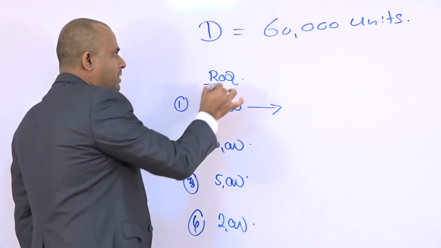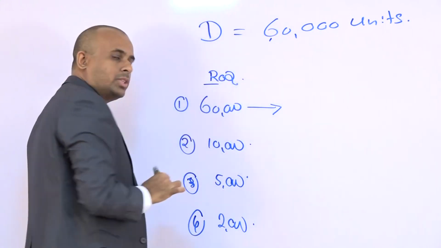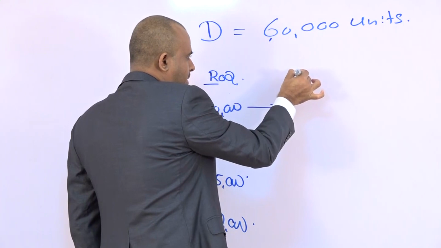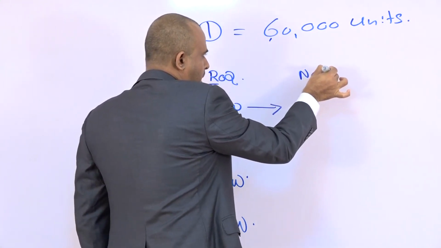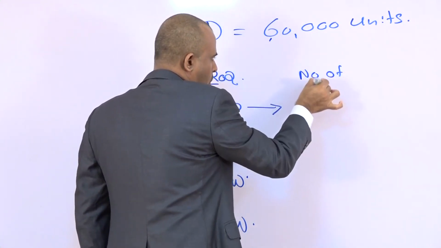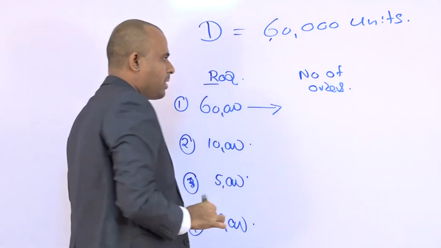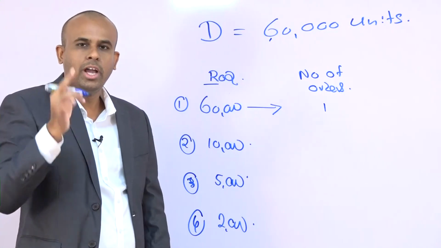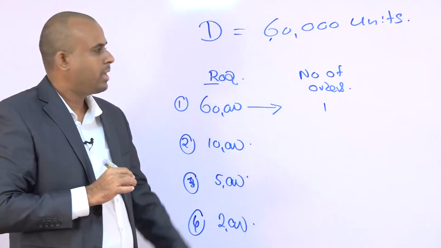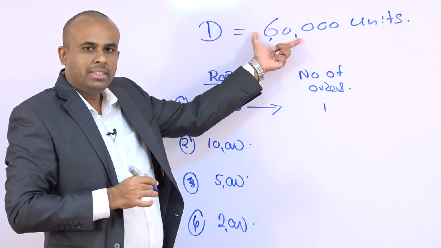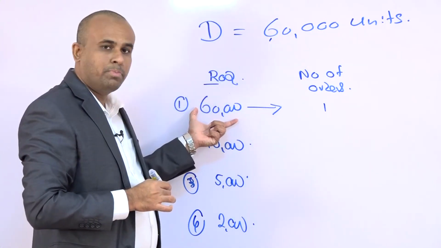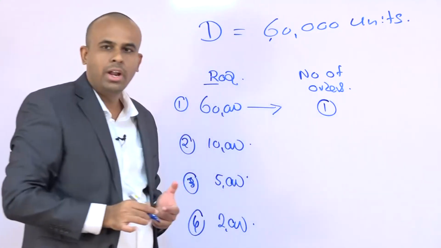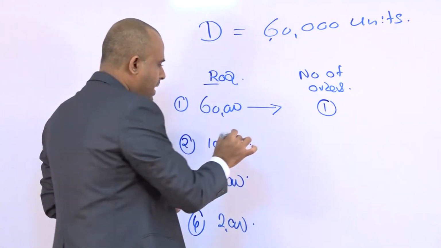Now, what is the consequence if you buy 60,000 units at once? The number of orders will be only one. Annually you need 60,000 units, and you purchase the entire 60,000 in the first purchase, so you place only one order in a year.